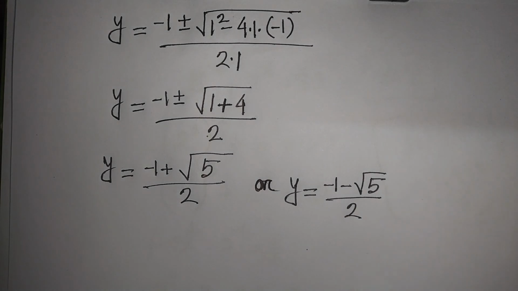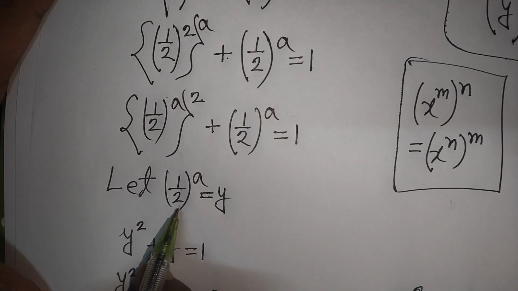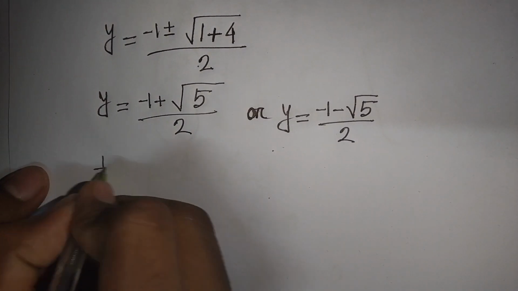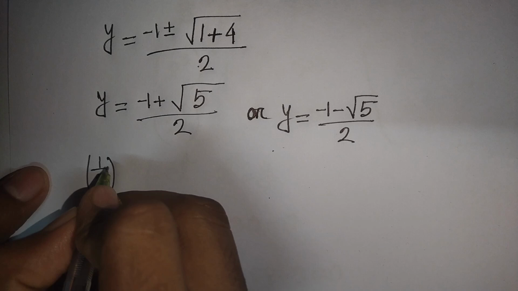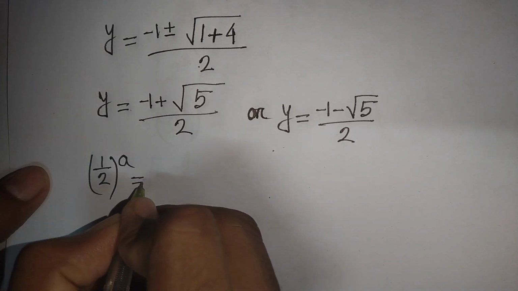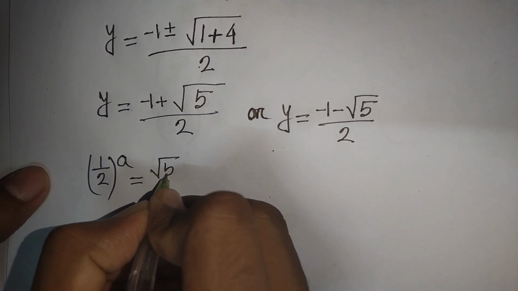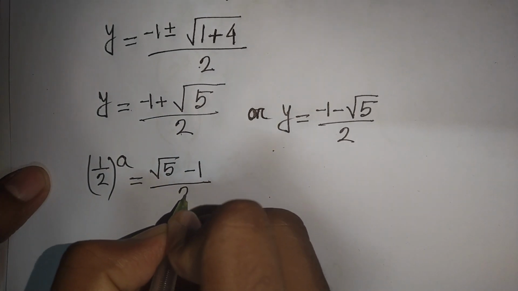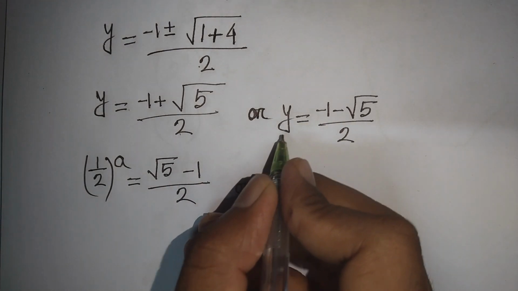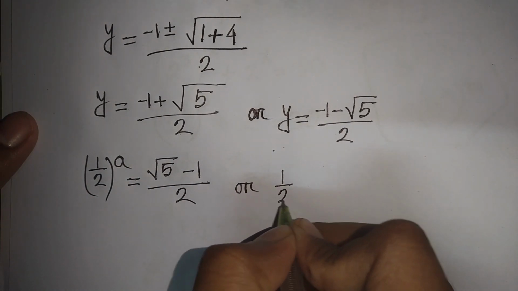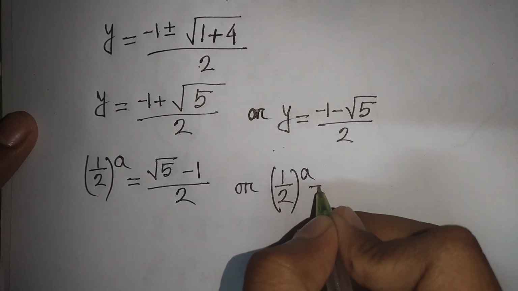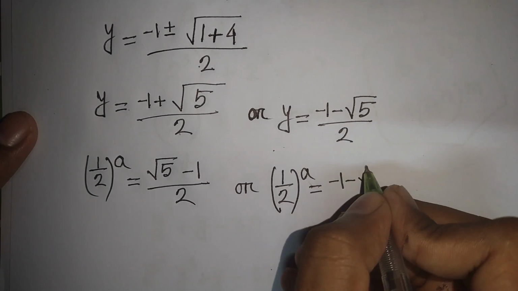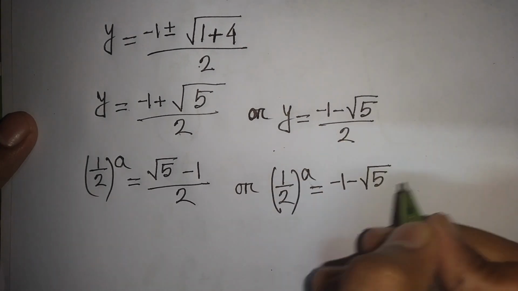But remember that we let (1 by 2)^a be substituted by y. So (1 by 2)^a is equal to (square root of 5 minus 1) divided by 2, or (1 by 2)^a is equal to (minus 1 minus square root of 5) divided by 2.